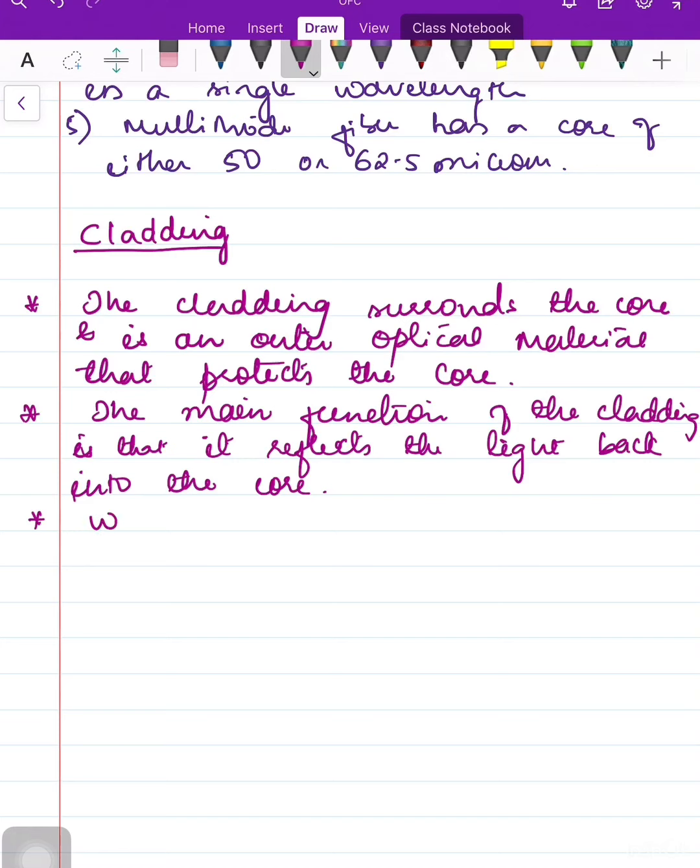So here, when glass cladding is used, what happens?